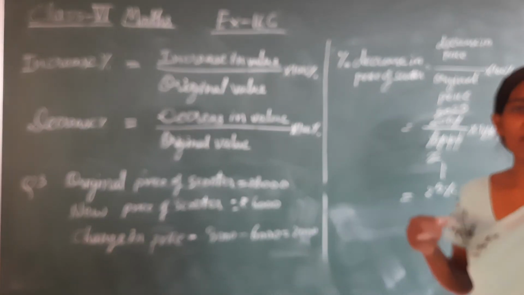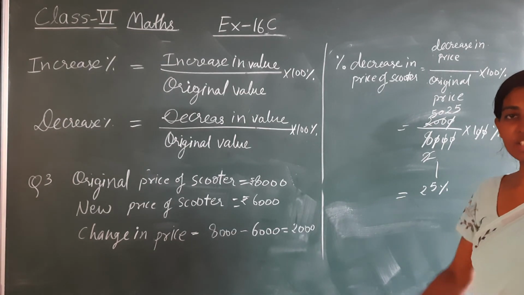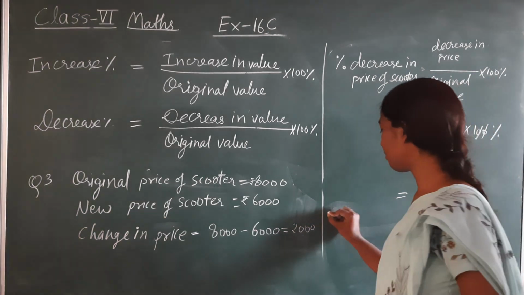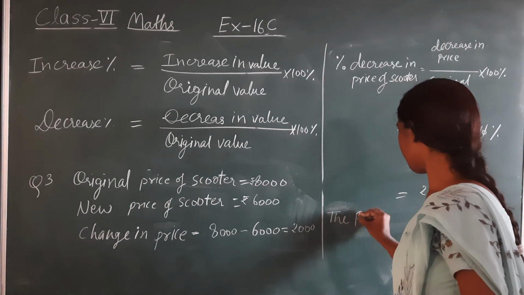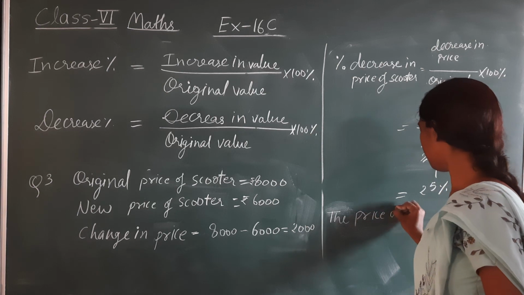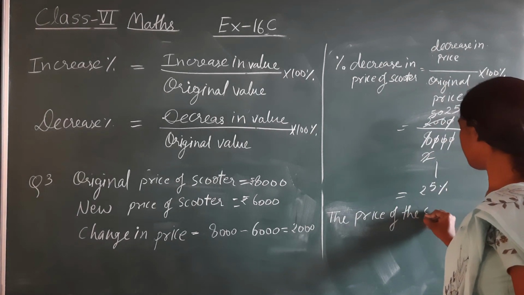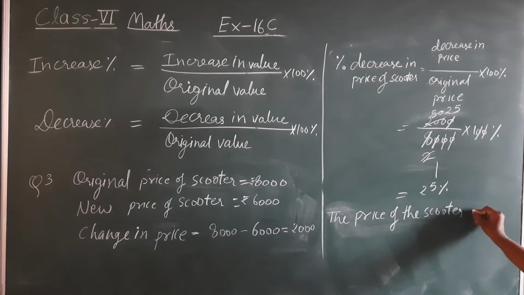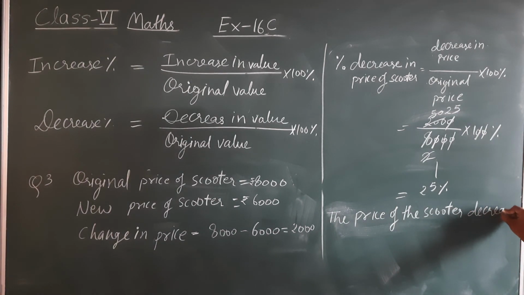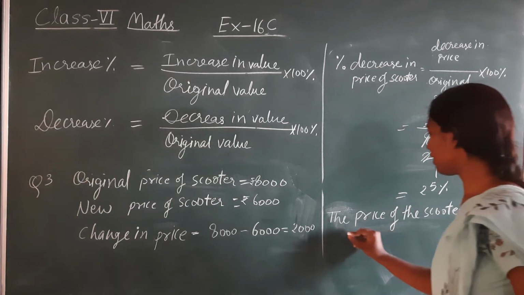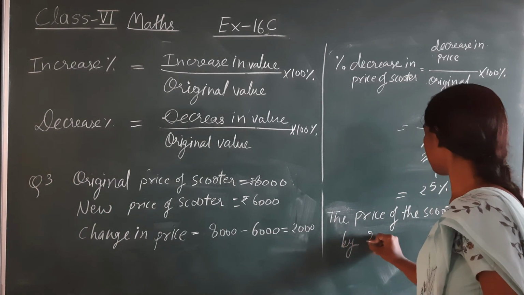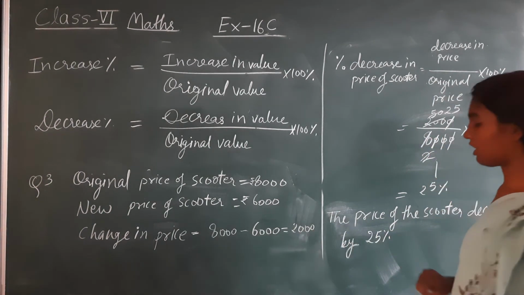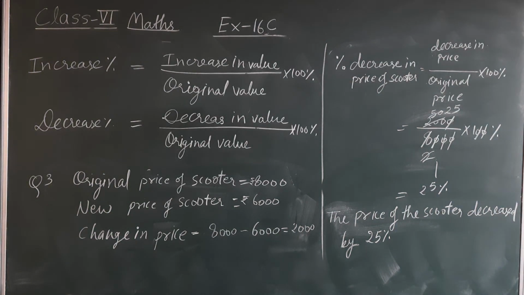That means the price of the scooter decreased by 25%. So here we will write the statement. The price of the scooter decreased by 25%. Now you can pause the video and note down.